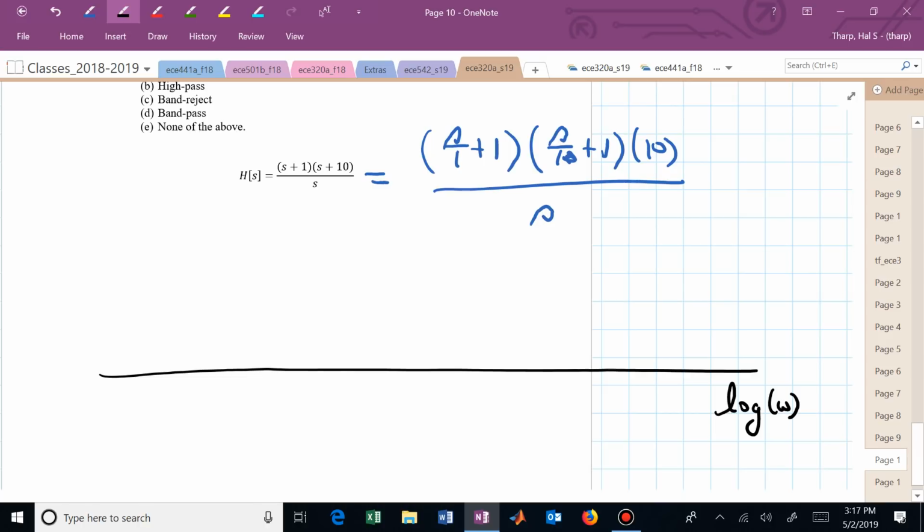Well, if you just start looking at all of the different pieces that are contributing, let's say here's 10 to the minus 1, 10 to the 0 or 1, here's 10, here's 100, and that's really all we need for magnitude information.